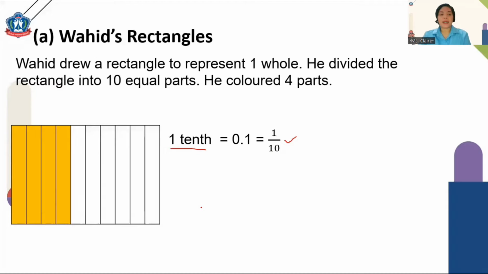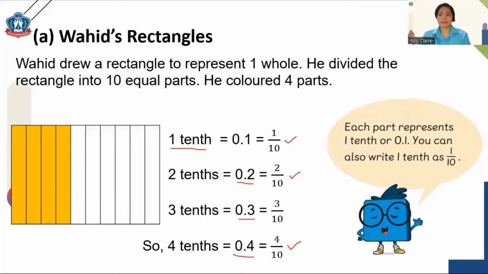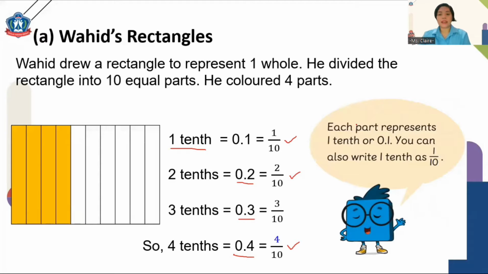If we have 2 parts colored, that is 2/10, and we write that as a decimal 0.2 or as a fraction 2/10. If 3 parts are colored, we call it 3/10 and write that as 0.3. Since these are 4 parts, that is 4/10, and that is equal to 0.4, or as a fraction 4/10. So each part represents 1/10 or 0.1.